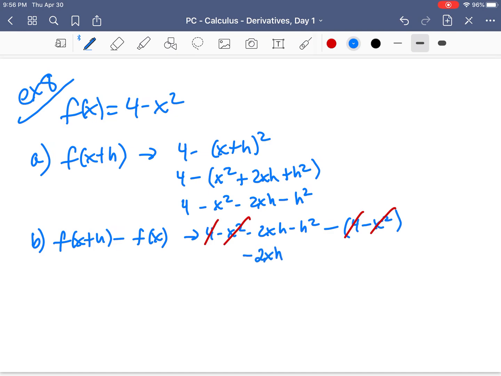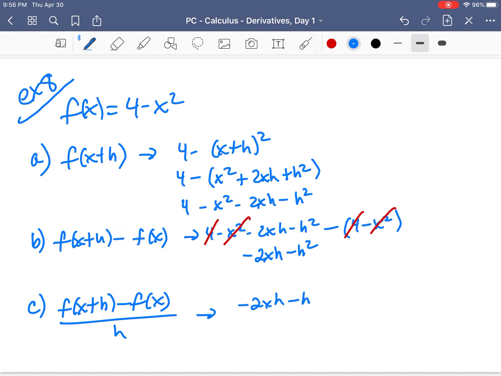So what I get is negative 2xh minus h squared. And then letter C, f of x plus h minus f of x over h. I'm going to take this answer I had, negative 2xh minus h squared over h. I'm going to reduce it because they all have h's, so I get negative 2x minus h.